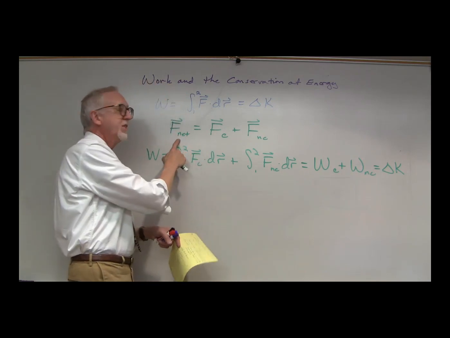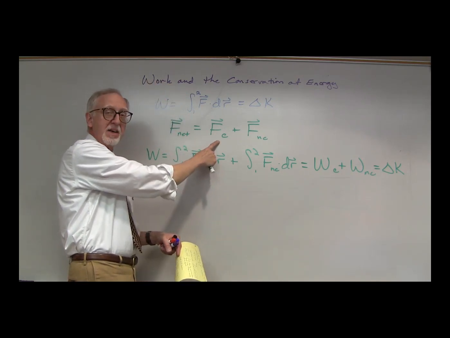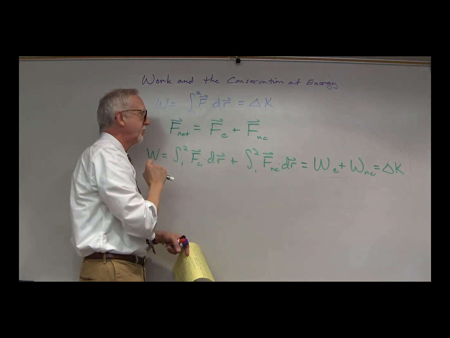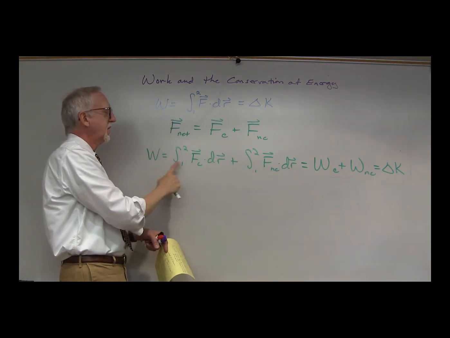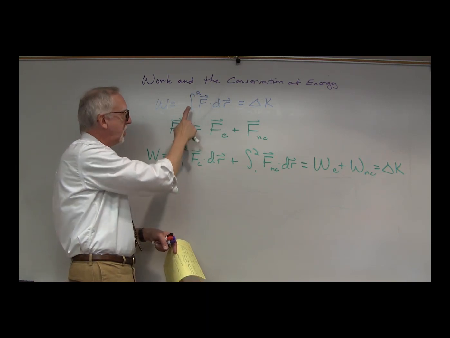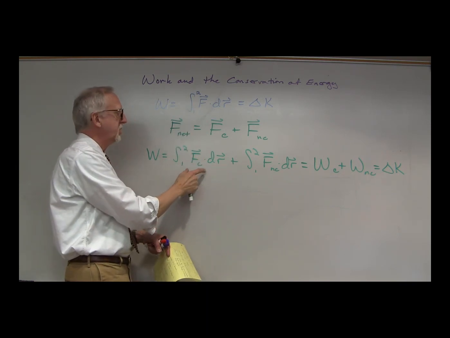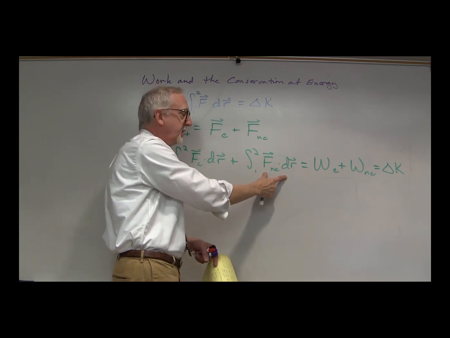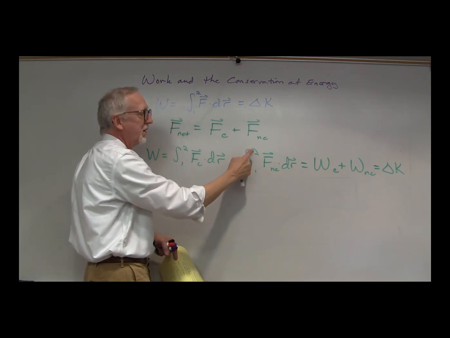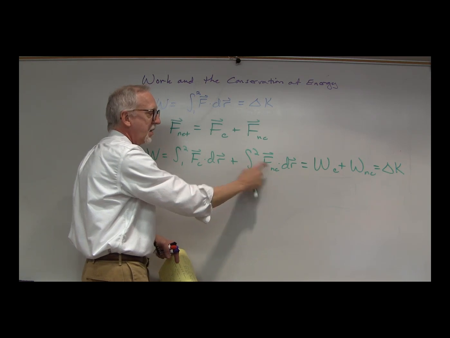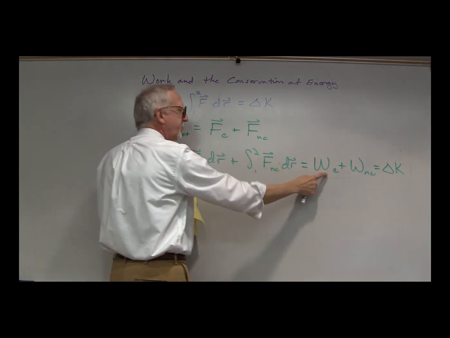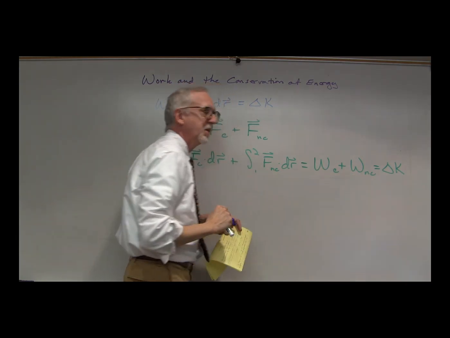So whatever the total force is, let's imagine we can break it down into the two parts, the conservative forces and the non-conservative forces. The total work done is then going to be the integral from 1 to 2, from initial to final position, of the conservative forces plus the integral of the non-conservative forces, which will be the work done by the conservative forces plus the work done by the non-conservative forces.